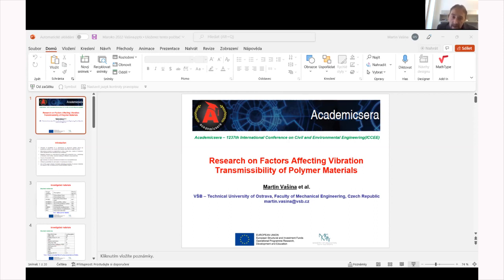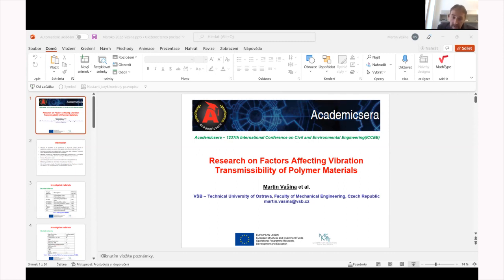The vibrations can have a negative effect on manufacturing quality and productivity, work safety, etc. Furthermore, vibration can be a source of unwanted noise. For these reasons, it's necessary to reduce mechanical vibration.